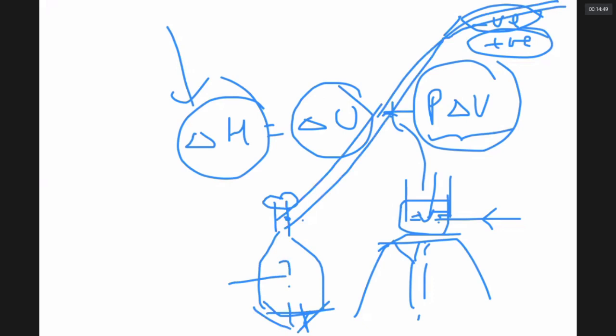No blast. It will not blast because the work is going out. The work done is negative. Even if you are increasing the temperature, it will not blast. Yes or no? Yes, sir. It means its internal energy is not increasing too much. That's the point. Anyway, let's not worry about that. Just let us examine this idea.